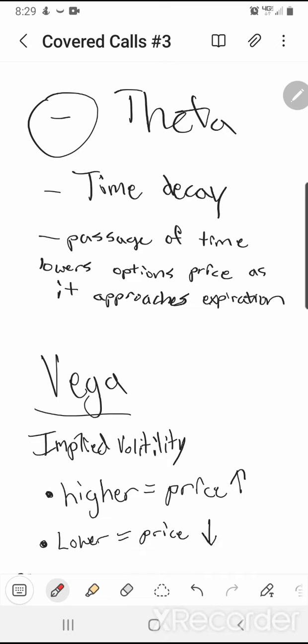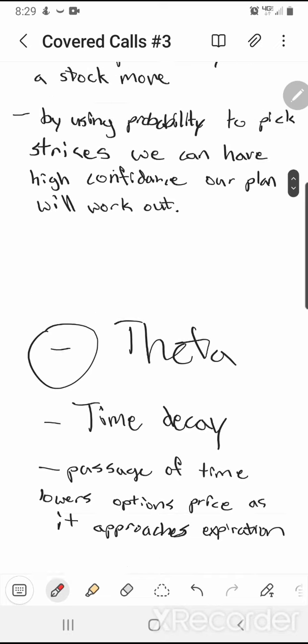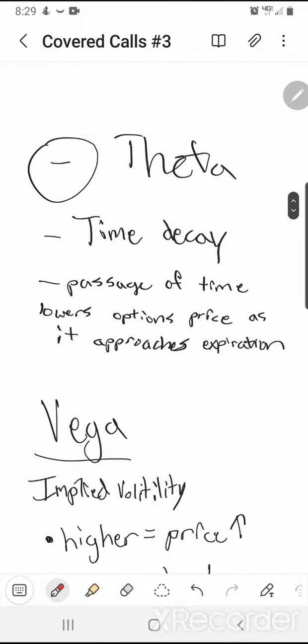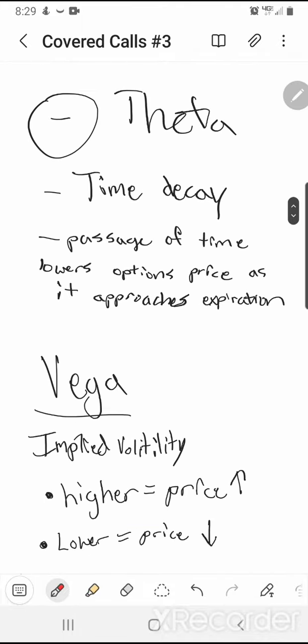No matter what everything else does, delta, vega, the stock price, theta will eat it all away. If you're on the wrong side of this, it's horrible. But if you're selling options, it's on your side, and it's a great thing to have.